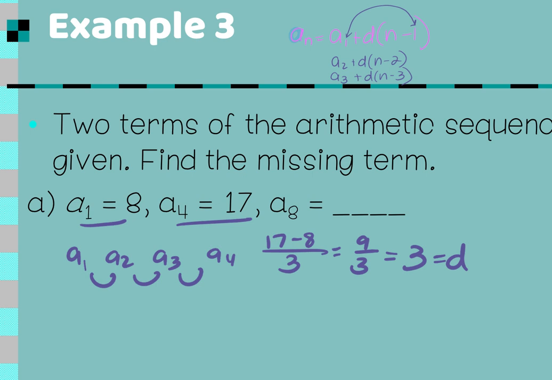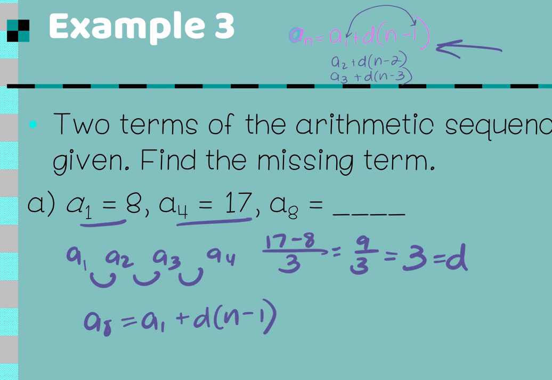Does that part make sense? Okay. So now we found d. Now I can use what we did up here to find a8. I can either say a8 equals a1 plus d times n minus 1, or I could even use a4 in the place of a1. I could say a8 equals a4 plus d times n minus 4.